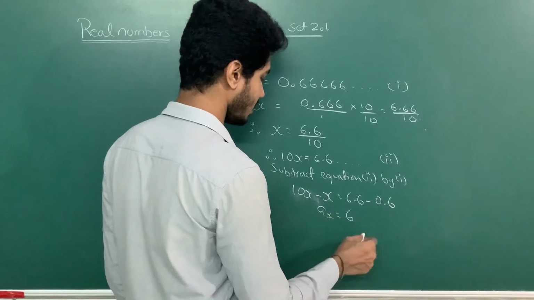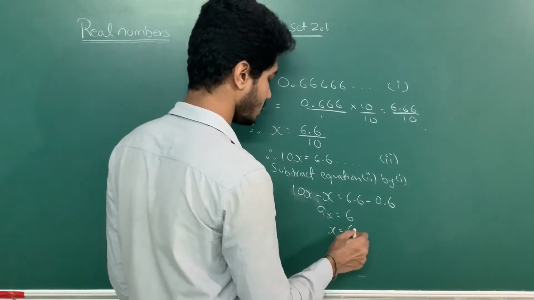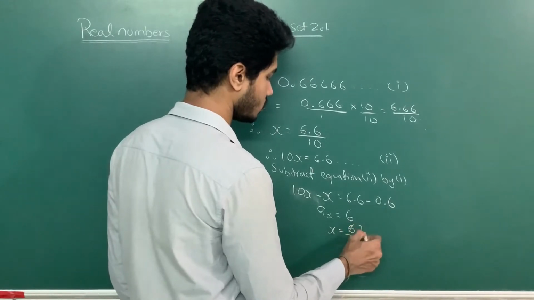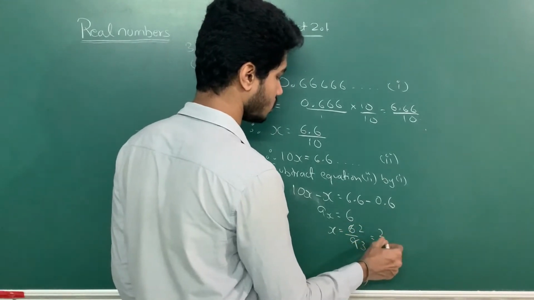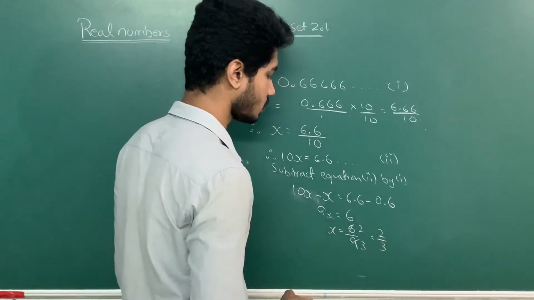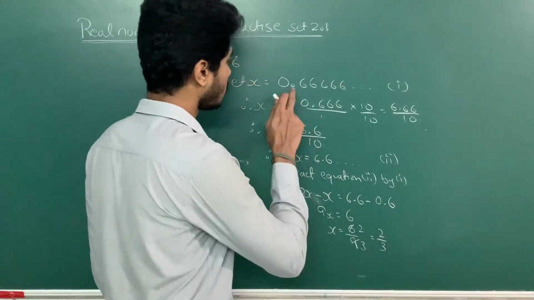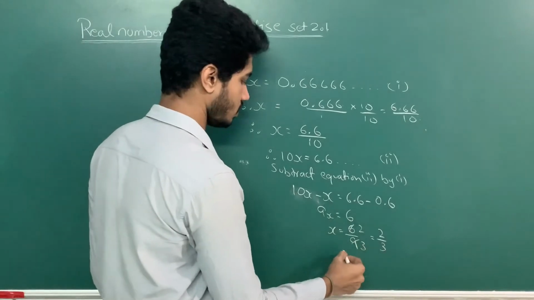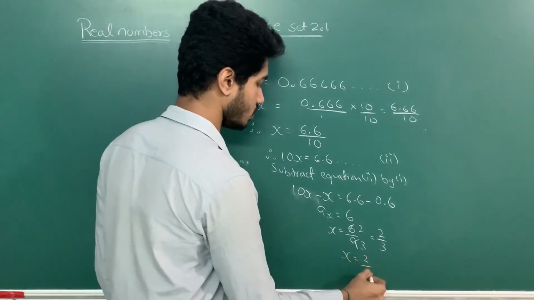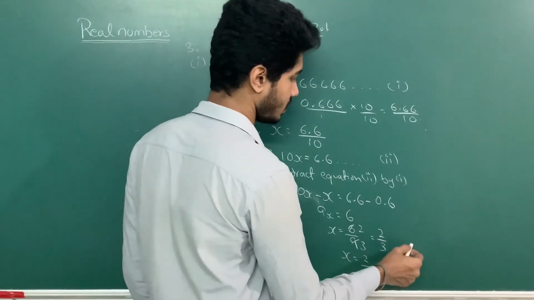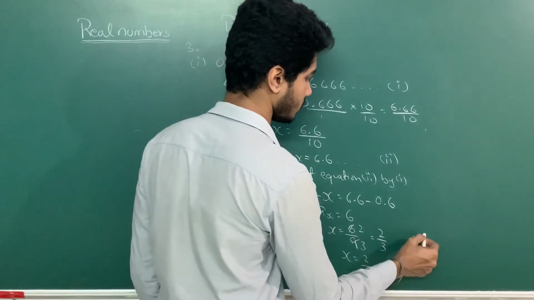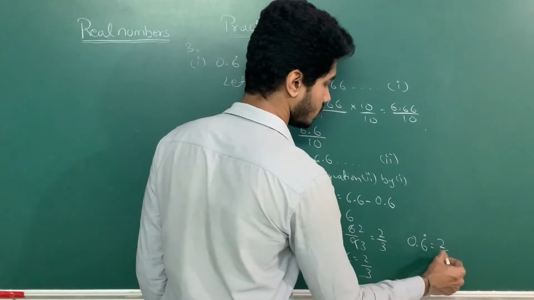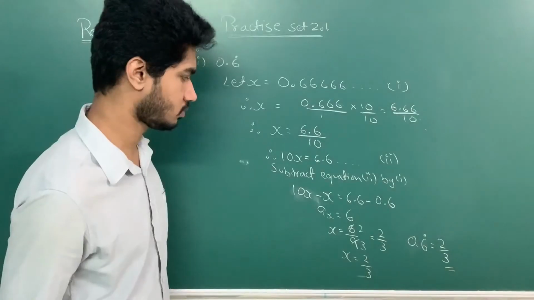So you shift this 9 on the right hand side, you get 6 upon 9. You can also cancel it off, you get 3 2s are 6, 3 3s are 9, so 2 upon 3. So therefore, you converted a decimal form into a rational form. Therefore, x is equal to 2 upon 3, which in the last you can write as 0.6 is equal to 2 by 3.